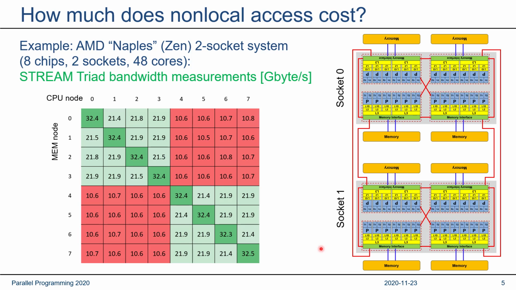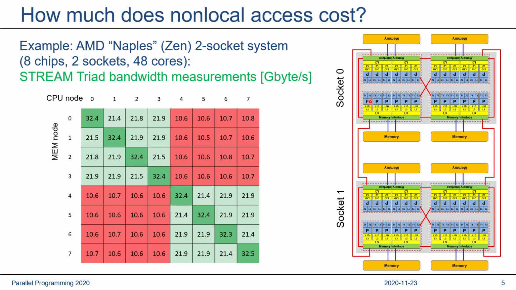First of all, before we explore how we ensure this local and distributed access, let's investigate how much the non-local access costs. Here we have a very complicated system. It's a 2-socket AMD Naples system with a Zen architecture. It has 2 sockets, denoted here by these gray boxes.